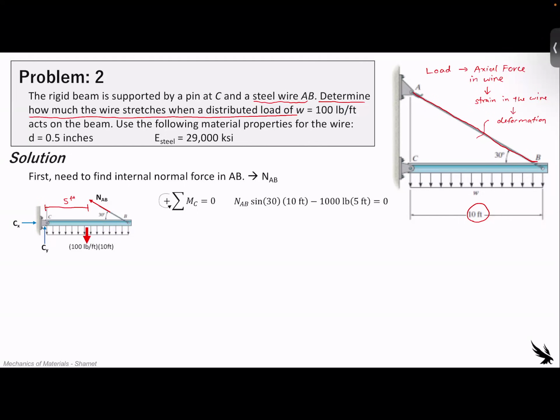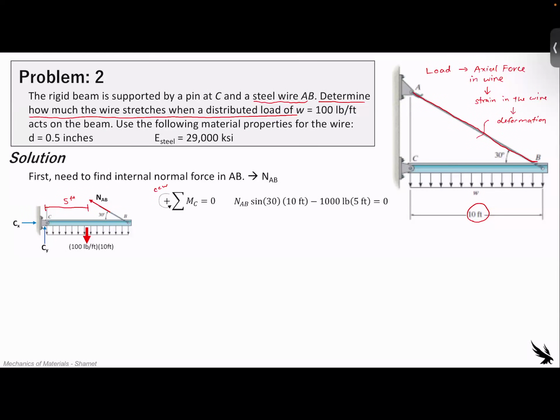Now we put a negative in that because that is causing a clockwise rotation, and we set the positive as counterclockwise. So this is all equal to 0, and we can see the only unknown here is our vertical component of NAB.